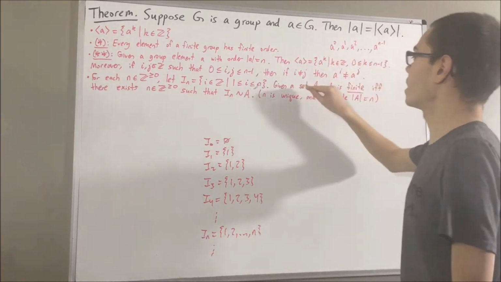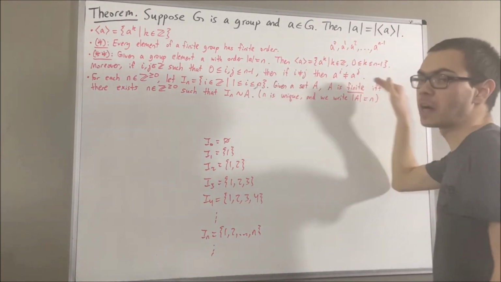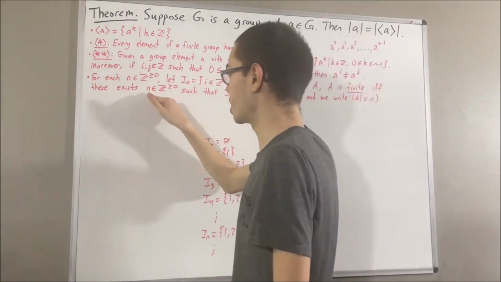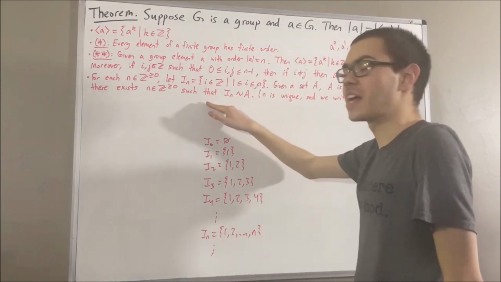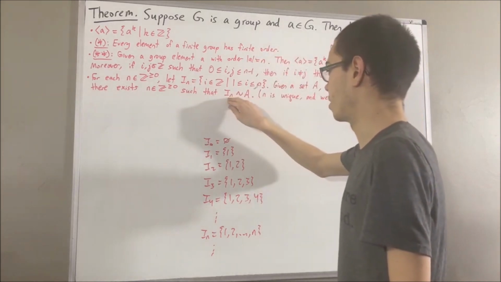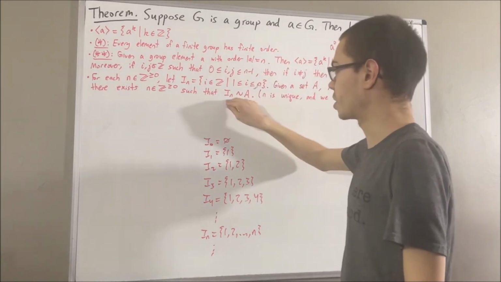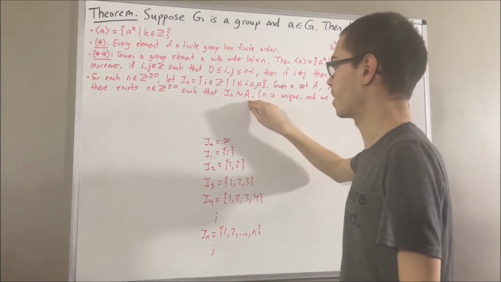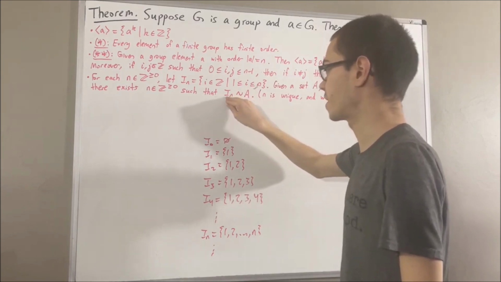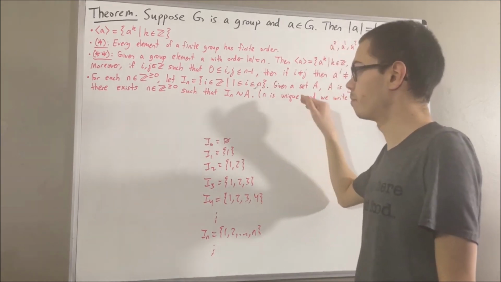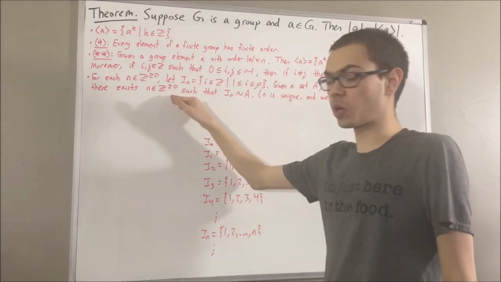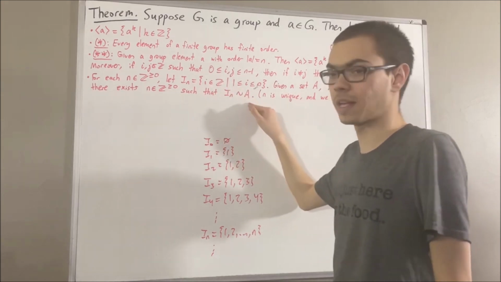Well then, given a set A, we say A is finite if there exists an integer n greater than or equal to 0, such that there exists a bijection from I_n to A. And this is the notation we're using to say there exists a bijection from this set to this set. And in fact, n is unique, meaning n is the only integer greater than or equal to 0 that will satisfy this statement.